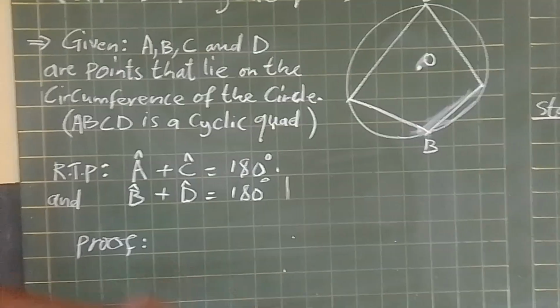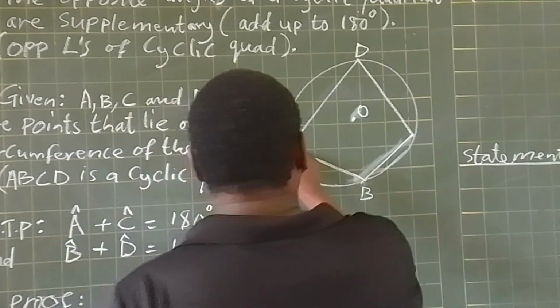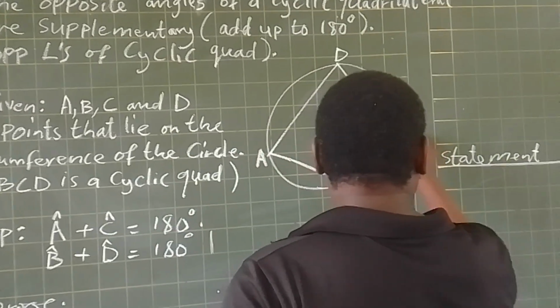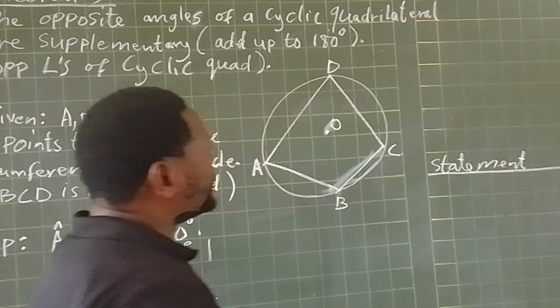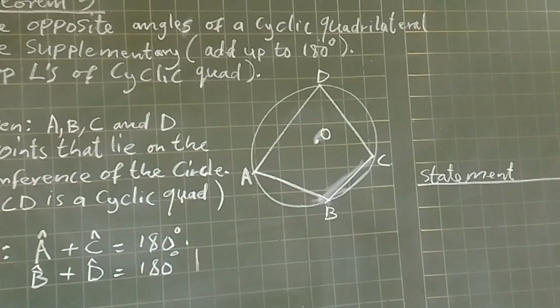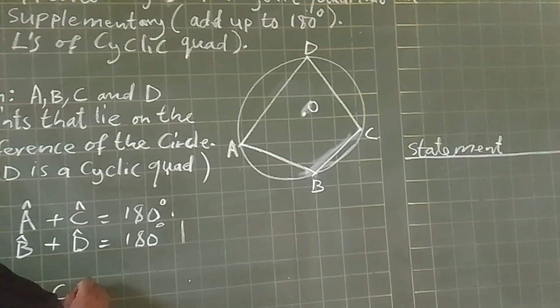For our proof, this is a triangle, this is an angle that we have. This is A, C, D and B. For proof, we are going to tell the marker that we are going to construct.